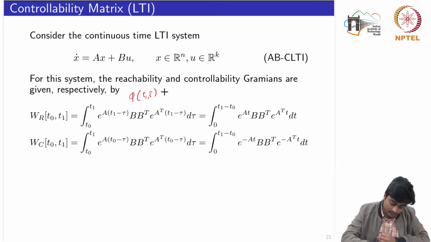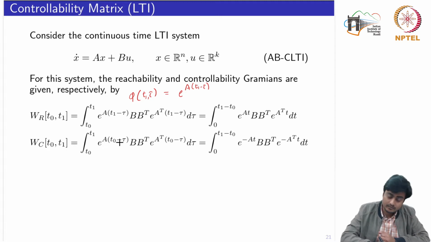For the LTI case, it would become e to the power A(t1 minus tau). Okay, so this is what I have written here. Similarly, it would be the transpose. And similarly for the controllability gradient, we could replace it with the exponential matrix with the slight change from t1 to t0.